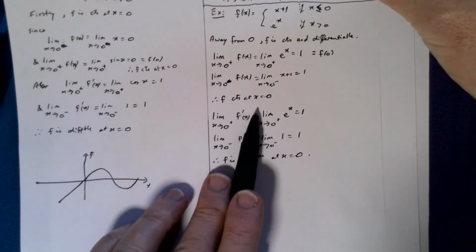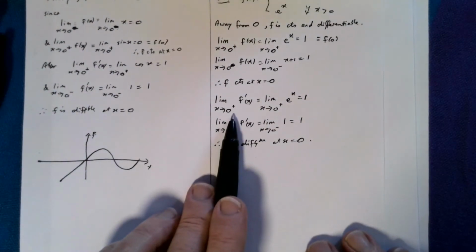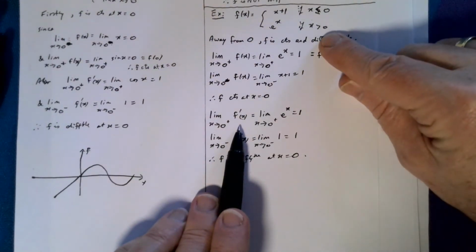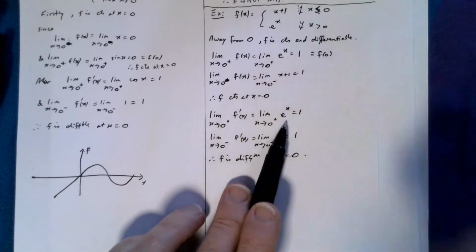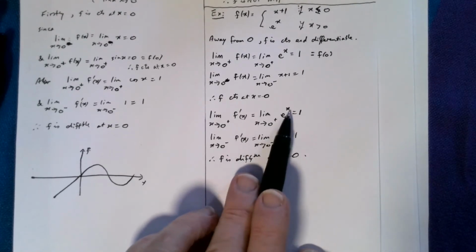Now we're going to see how smoothly these join together, to see if these connect together smoothly. So the limit as x goes to 0 from above of f dashed. If x is bigger than 0, I'm using e to the x. You differentiate e to the x, the friendly function, it differentiates exactly to itself. And as you send x to 0, e to the 0 is 1.